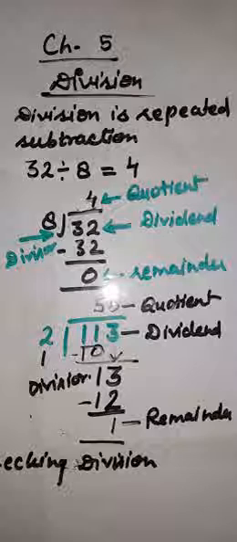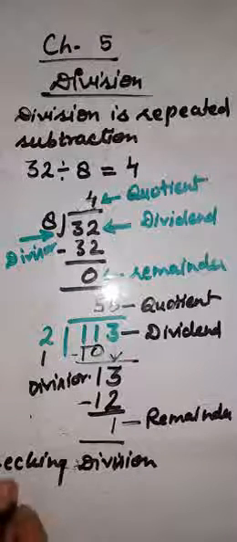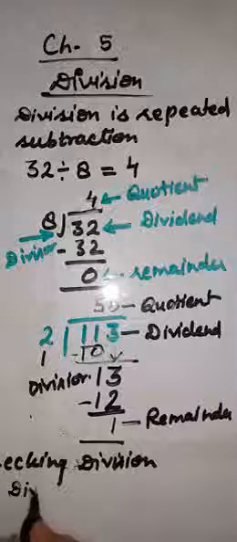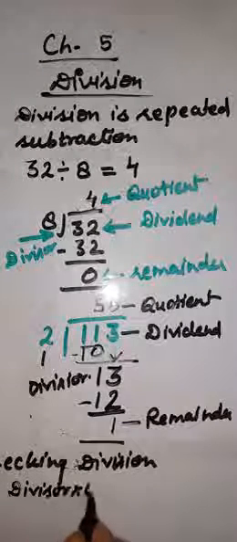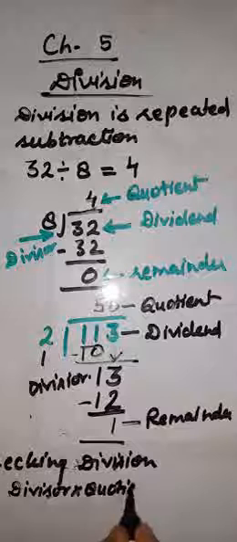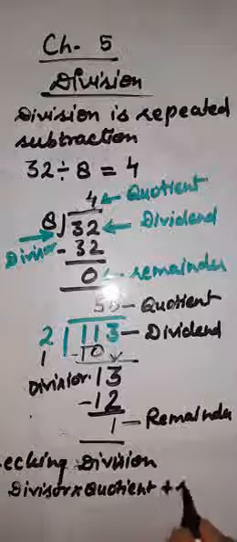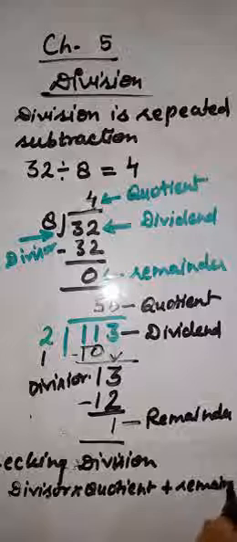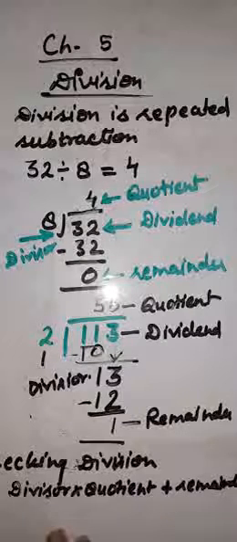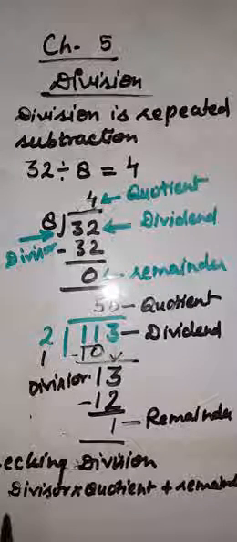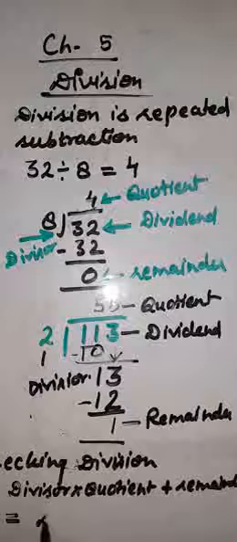In checking division, to check a division result, multiply the quotient by the divisor, then add the remainder. It should be equal to the dividend.